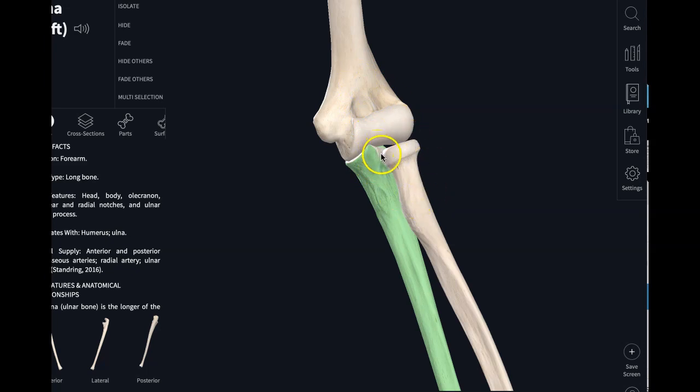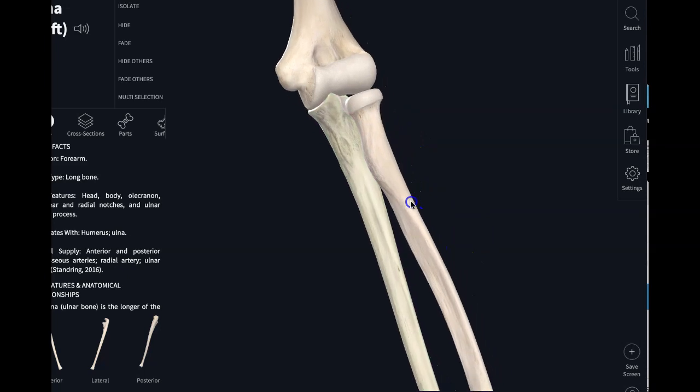Here is the radial notch of the ulna articulating with the head of the radius. It's the lateral bone. This is the lateral aspect. You always know it's lateral because the radial notch is always facing the lateral bone, the radius. So now let's move on to the radius.